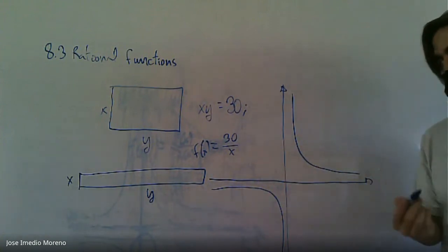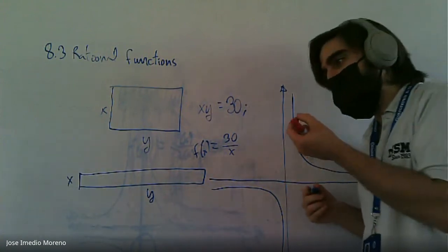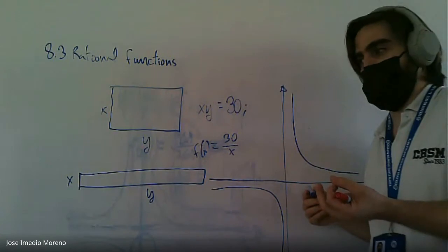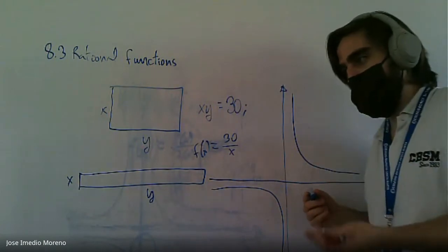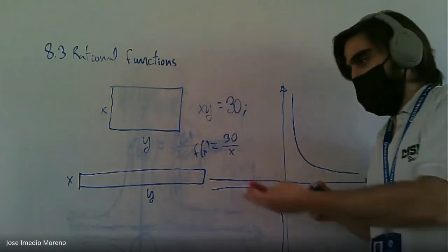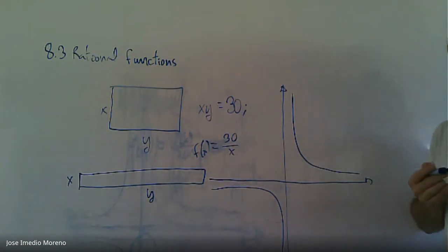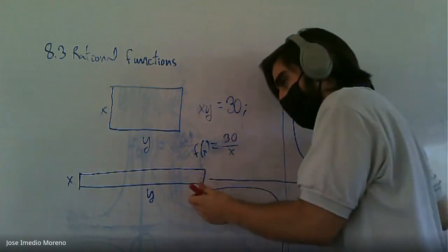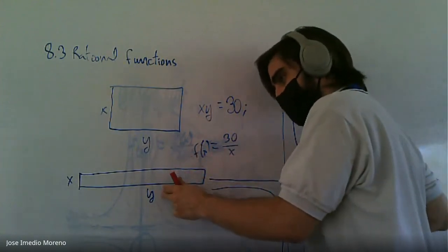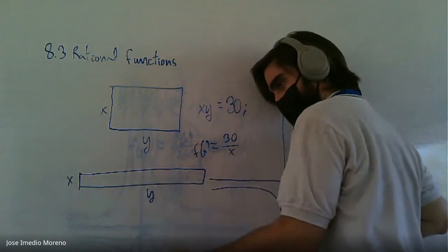Even though it's 0.01 millimeters, it will never be zero. The width or the length cannot be zero, because if it's zero, there's no pool anymore. So even though it's very, very small, there will always be some length and some width.